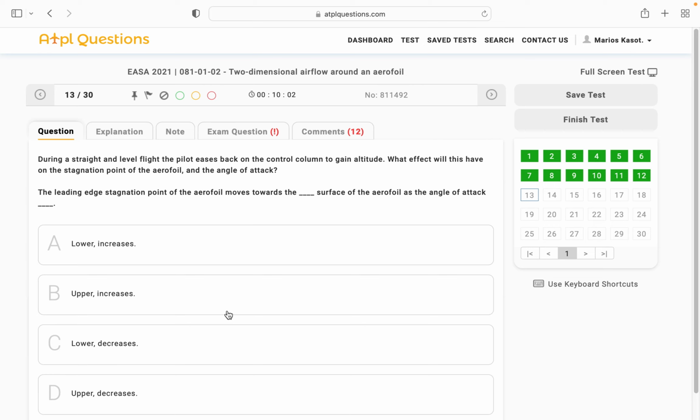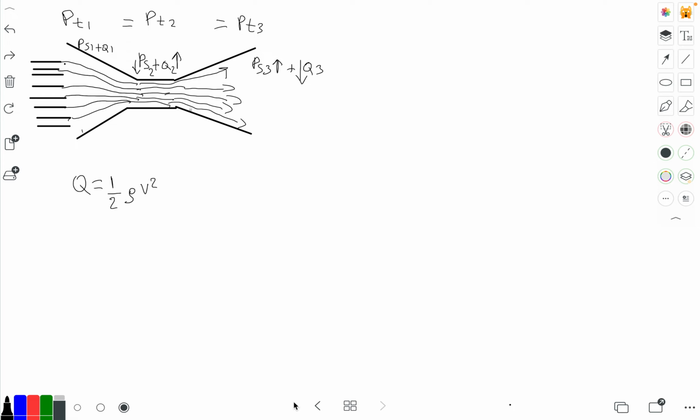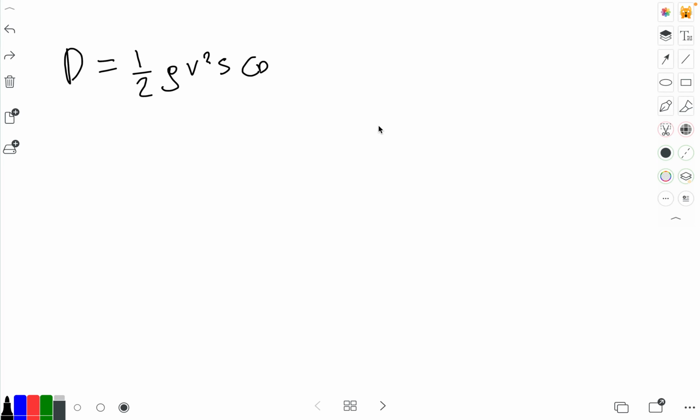During straight and level flight, the pilot eases back on the control column to gain altitude. What effect will this have on the stagnation point of the airfoil and the angle of attack? The leading edge stagnation point of the airfoil moves towards. Let's draw the picture. He pulls the yoke back, so he wants to increase the coefficient of lift. He wants to increase the angle of attack.